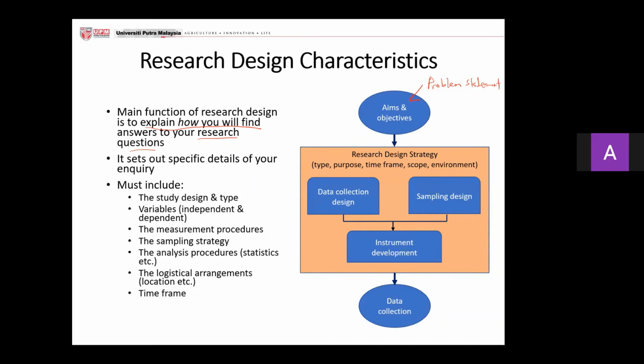Okay, and if you can still recall from the template that I shared with you, objectives should always be written in the form of "to" something, to investigate, to study, but it always starts with "to".